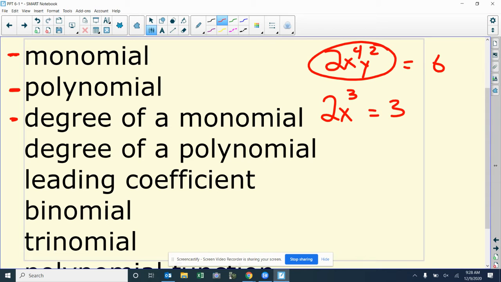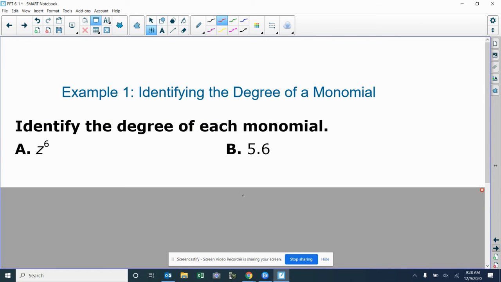So the degree is the highest power of a single monomial. If there's more than one exponent in there, or a variable x and y, you got to add those together, okay? Degree of a polynomial will be the highest monomial degree. Lead coefficients, pretty explanatory, be the lead, whatever number's in the very first, if we put it in standard form. Mono is 1, bi is 2, tri, of course, is 3. So there's a little explanation of our terms and what we're going to be talking about.